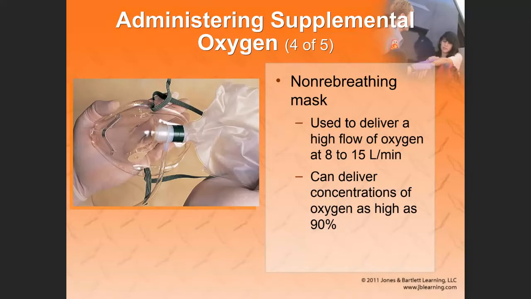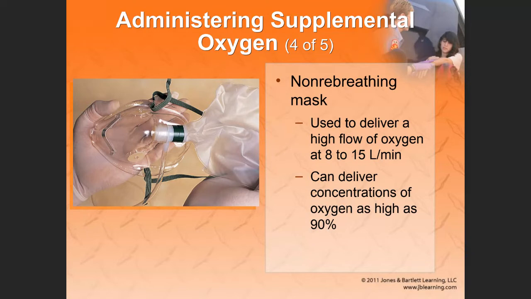The non-rebreathing mask is used to deliver high flow oxygen, and the approximate flow rate for the non-rebreather is 8 to 15 liters per minute. The actual flow rate is 10, 12, or 15, and most protocols now start at 12 liters per minute.